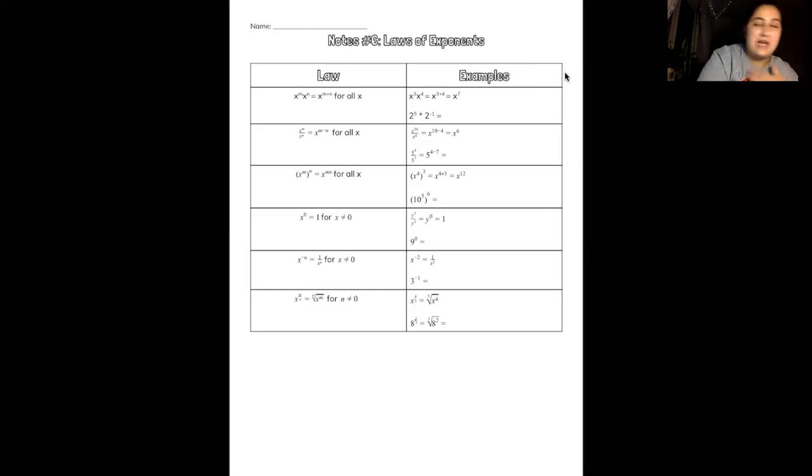So when I say we have the same base, I'm saying we have an x and an x, like they're the same thing, right? I could have an m and an m, I could have a 2 and a 2, I could have a 5 and a 5, I could have a 100 and a 100. As long as those two numbers or letters are the same, then we are good to go. If they are not, then this rule will not work on them.